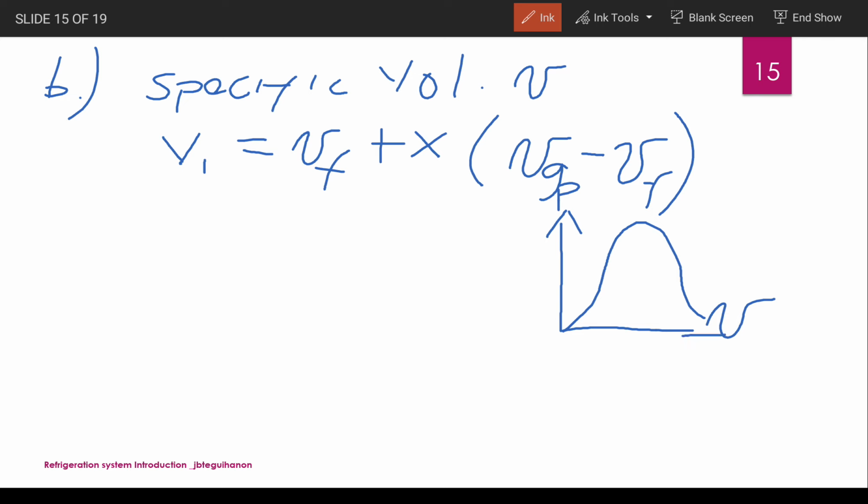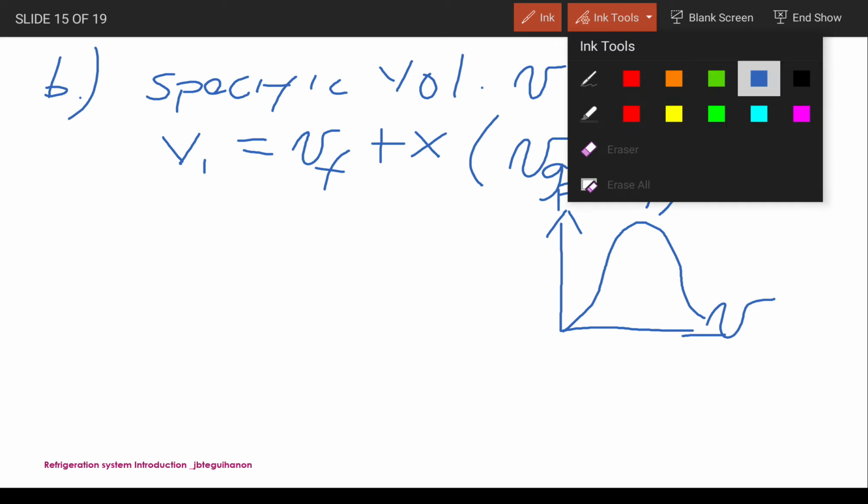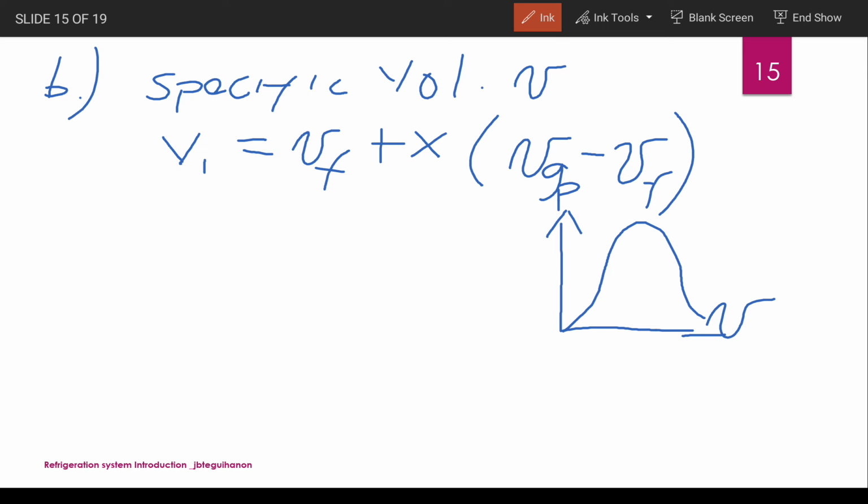In this area, if you have a constant volume process, you're going to have a point here.